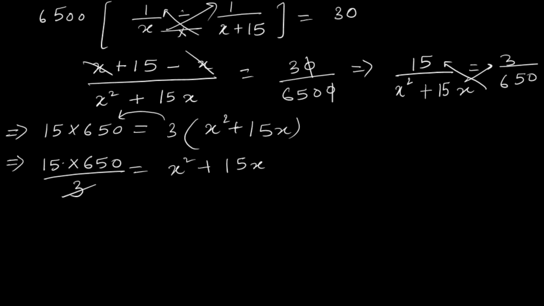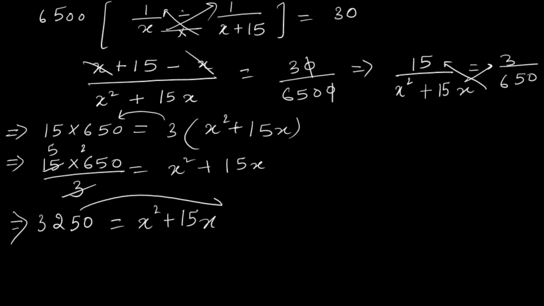Then 5 into 5 is 25, and we get 3250. Please keep on doing this along with me. Yes, so 3250, x square plus 15x.